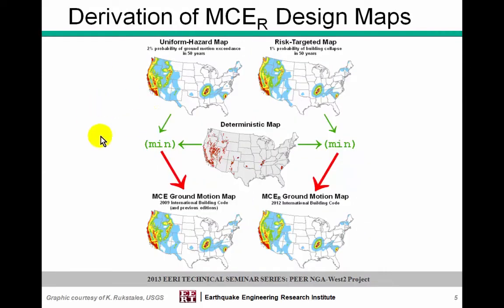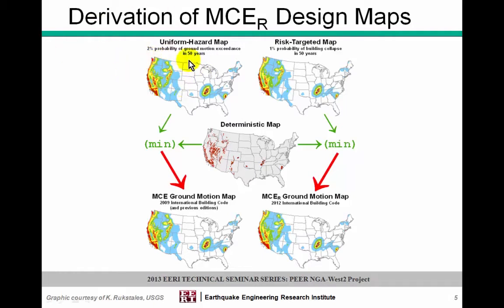Okay, so this is just a graphical way of looking at the derivation of the MCER design maps. On your left-hand side here is the way that MCE, without the subscript R, ground motion maps were derived for the 2009 and previous International Building Codes.